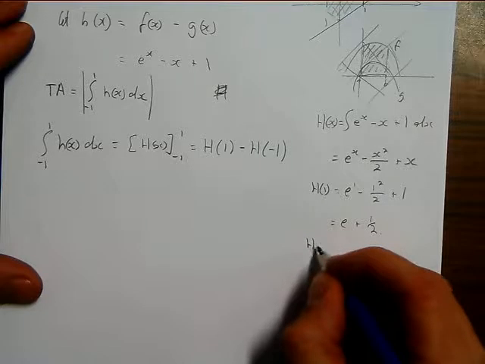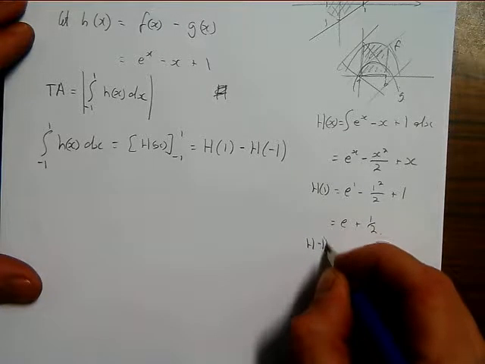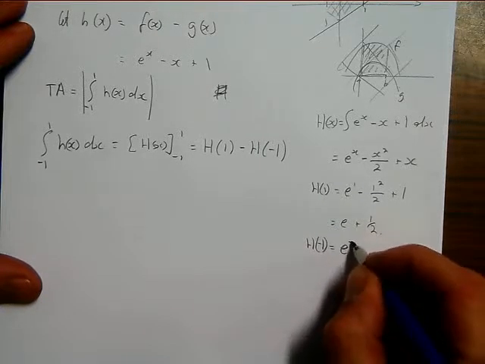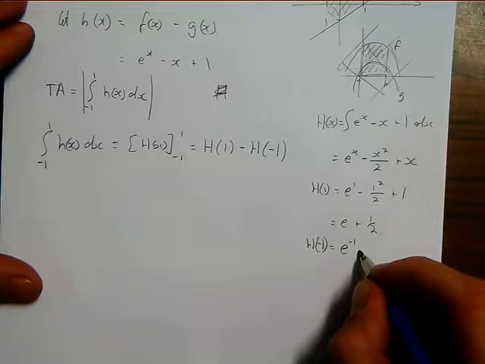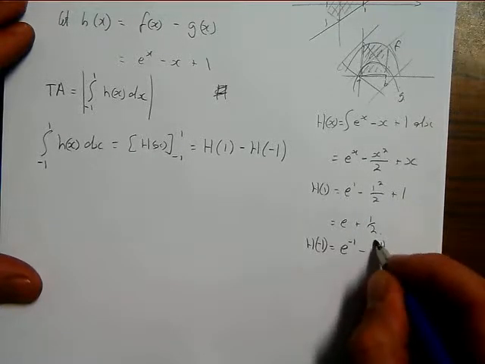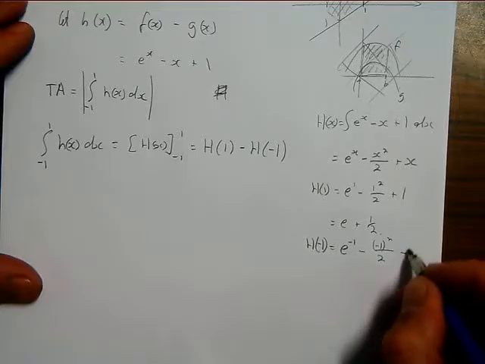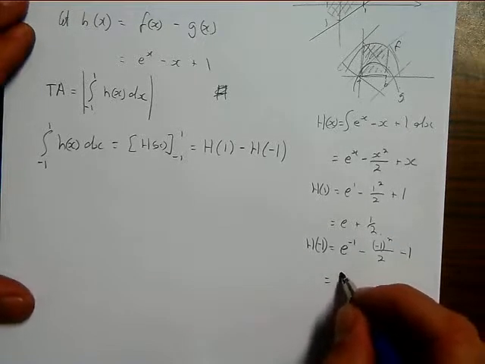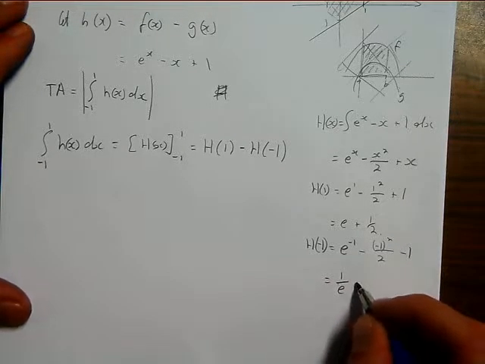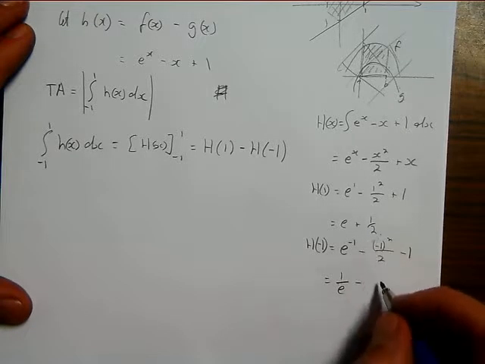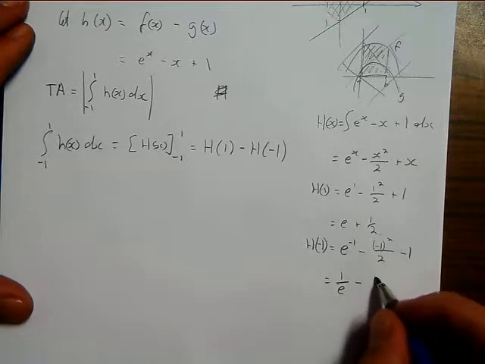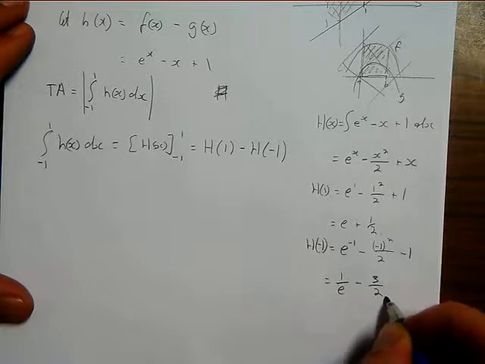And H of -1 is e to the -1 take -1 squared on 2 take 1, which is 1 on e take a half take 1, which is take 1.5. So take 3 on 2.